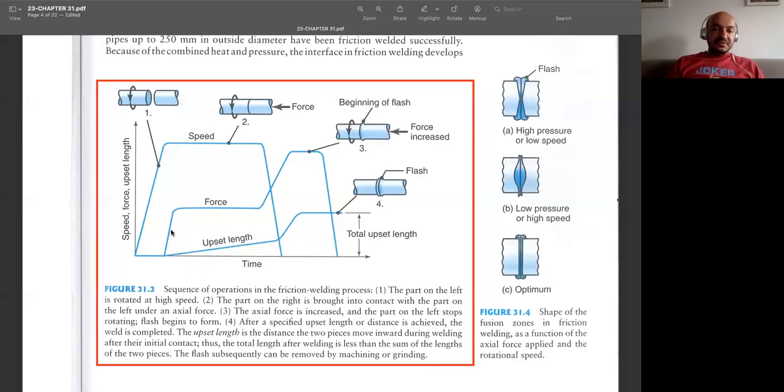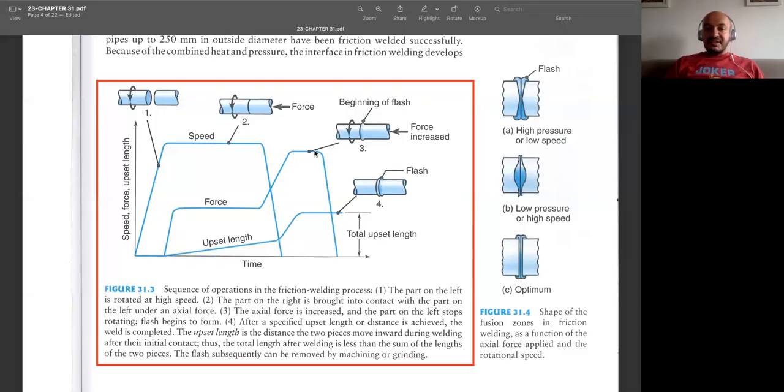Now let's have a look at the force. Once you have a gap, we don't have any force in between the parts. But in the second stage, as you see, we have a constant force. And then once this part is stopped, we increase the amount of the force so that the part is welded in a stronger way.